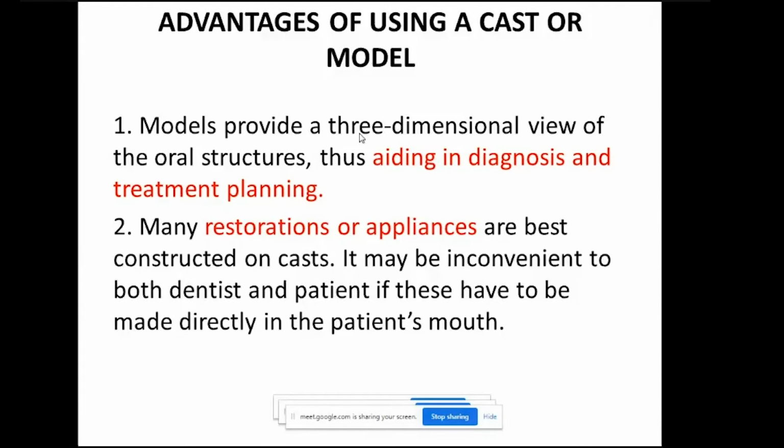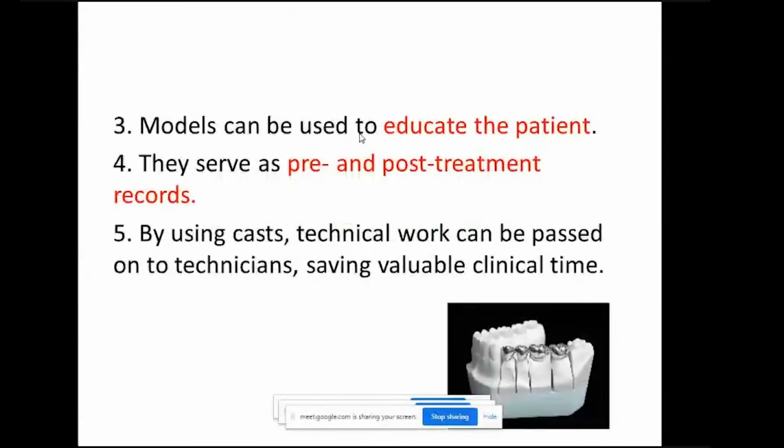After that, the technician in the lab can construct the appliance or restoration, bridge, crown, anything, and etc. After that, return it back to your clinic in order to insertion without need your patient during construction. Number three, models can be used to educate the patient.